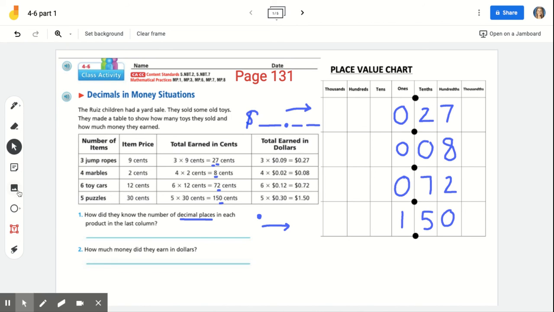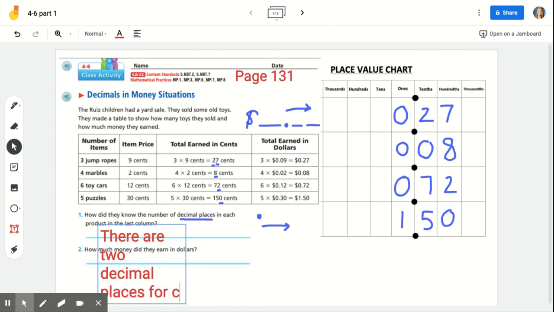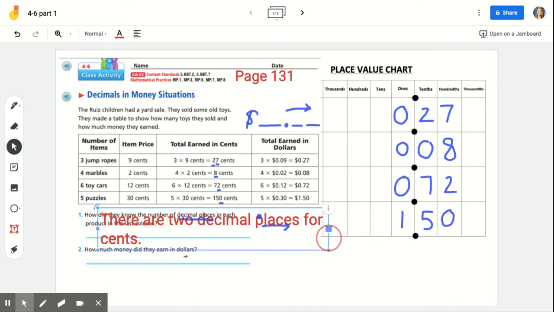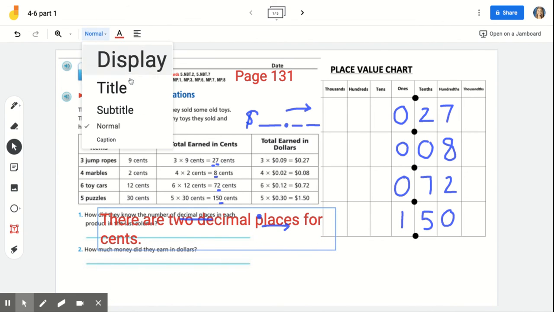And we knew that since we were talking about money, there was going to be how many decimal places for money? 2, yeah. So your answer might be a little different than mine, depending on what your thinking was, but we could say there are 2 decimal places for cents. Let me make my text smaller.